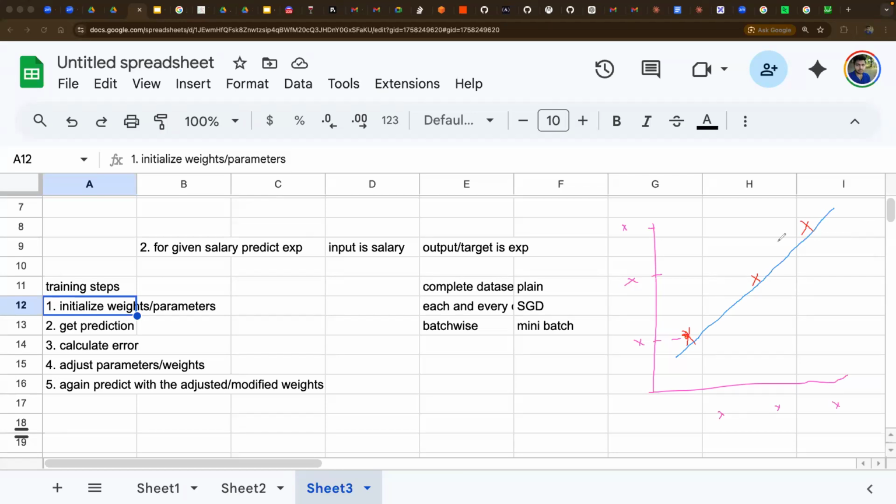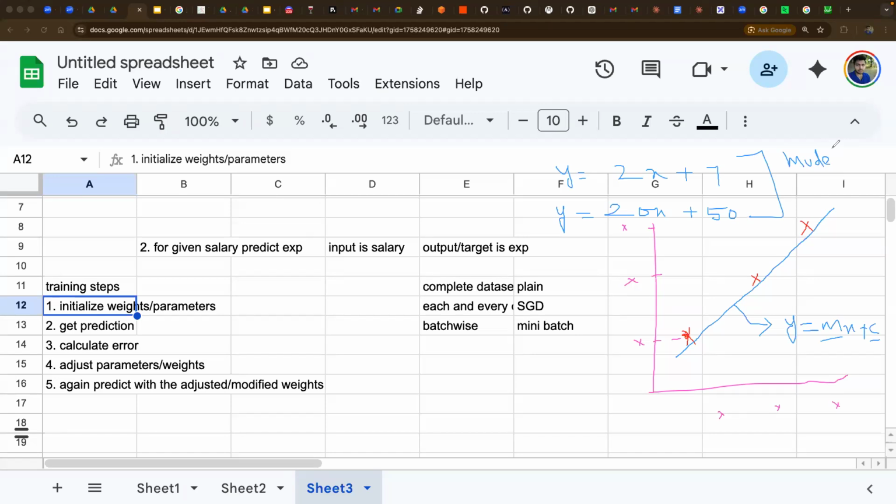Again, repeating: when we have these data points and I say I am building a machine learning model, I mean I need to come up with this line equation, y equal to mx plus c, with values for m and c, something like y equal to 20x plus 50, or 2x plus 7. That is what we call a model.